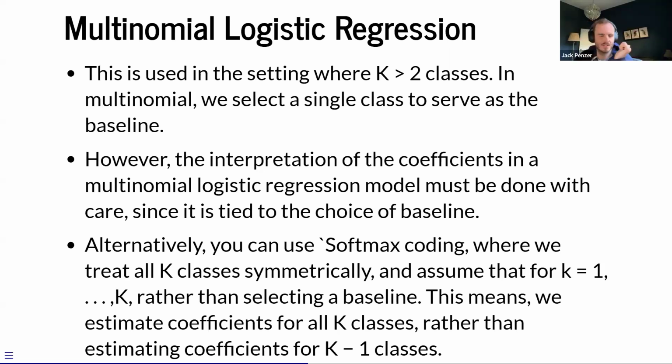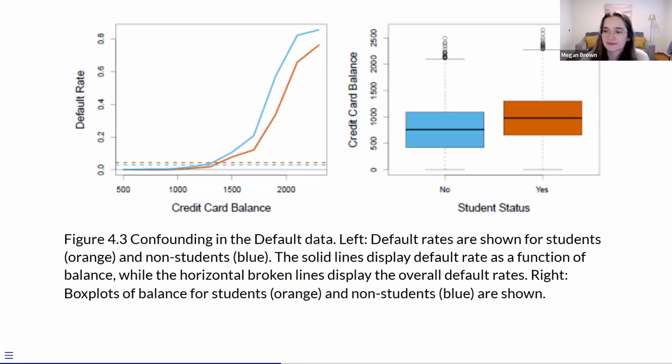Maybe just the last slide about the student. I thought what it was saying in the book was quite funny, because it was saying the students are more likely to default overall. But if you take a student and a non-student, and you give them the same credit card balance and whatnot, then the student will be less likely to default, which was quite an interesting thing.